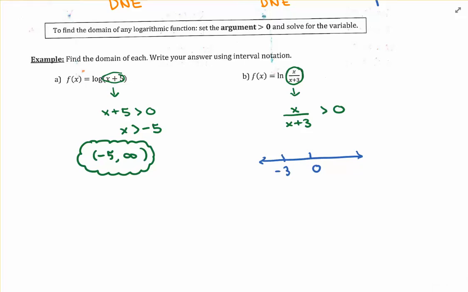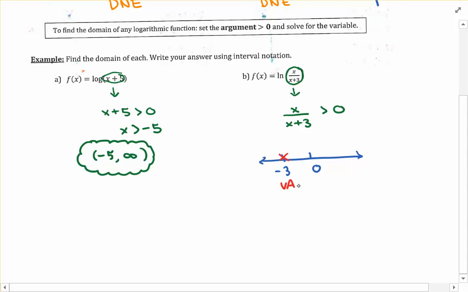And what I'm going to do is quickly put an x on top of that -3. And just note that -3 is a vertical asymptote. And basically this just helps us to avoid including -3 as part of our final answer. Then what you want to do from here is pick and choose some test points. So we'll start with a value that's less than -3, maybe -4.